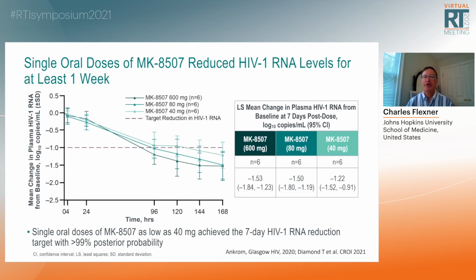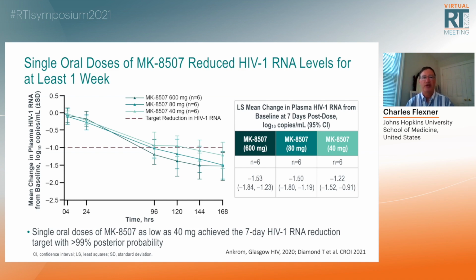So these are data showing the anti-HIV activity of MK-8507 in single-dose monotherapy studies in which the drug was given at a dose of 40, 80, or 600 milligrams to HIV-infected volunteers.